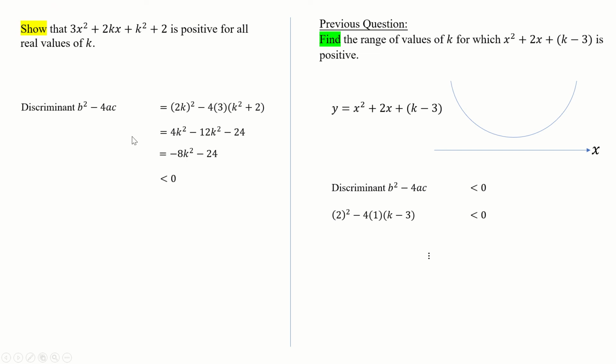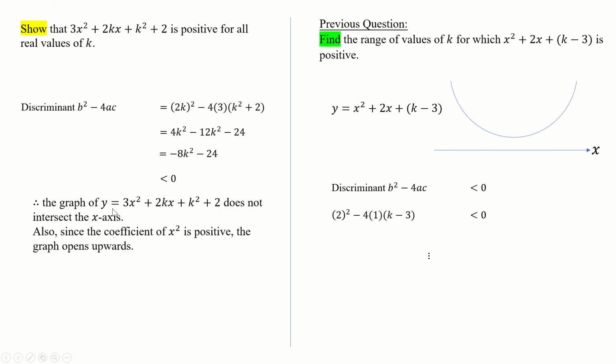Since this expression is the discriminant, we can say that the graph of y equals 3x squared plus 2kx plus k squared plus 2 does not intersect the x-axis. So using this discriminant, I make this conclusion, instead of starting with this conclusion and then saying that b squared minus 4ac is less than 0. It's different.